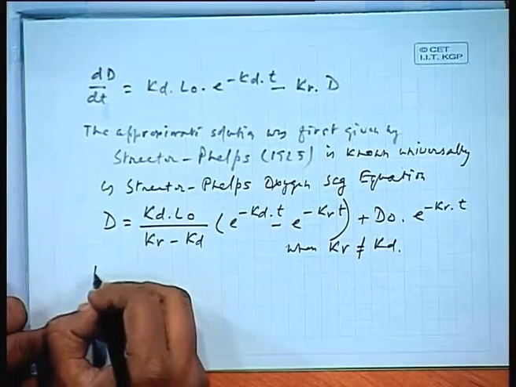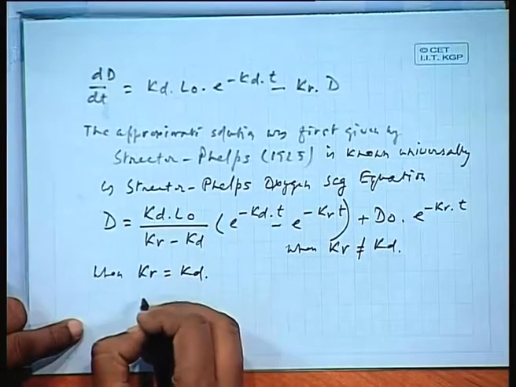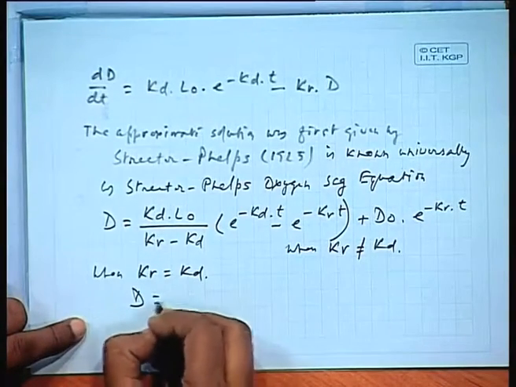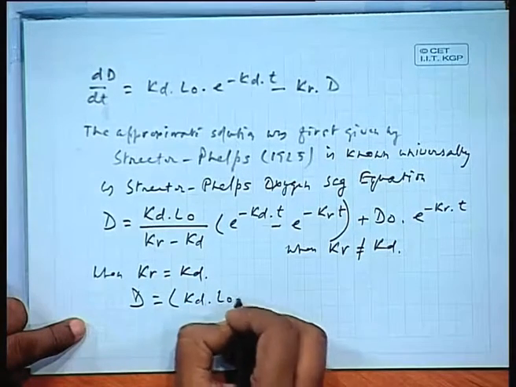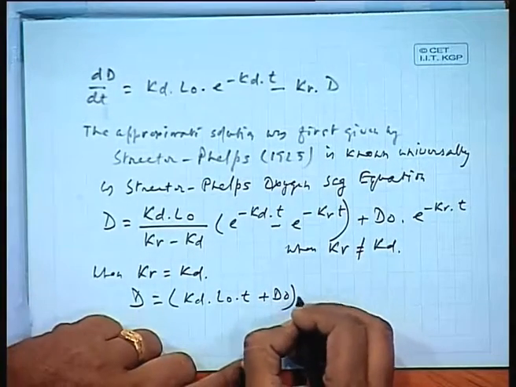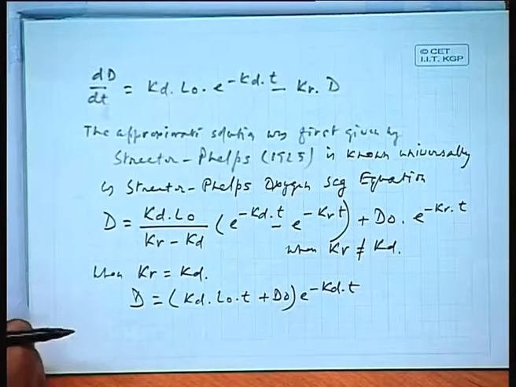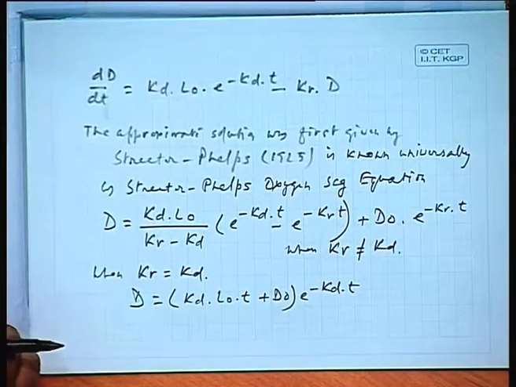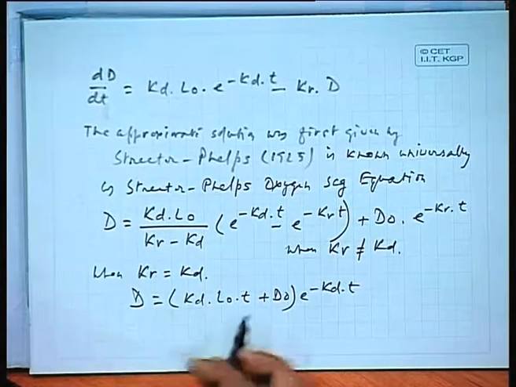When Kr is equal to Kd, we find another solution, which should be written as Kd into L0 into T plus D0, e to the power minus Kd into T. This is what we find when Kr is equal to Kd.